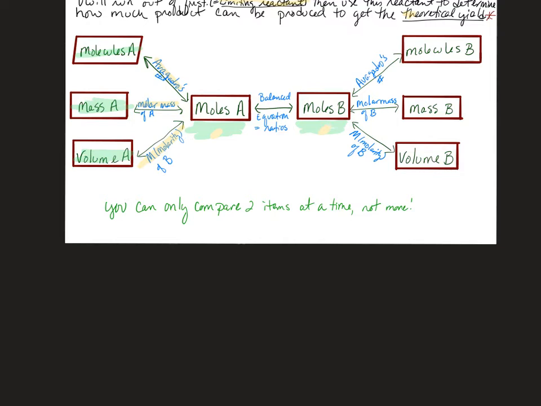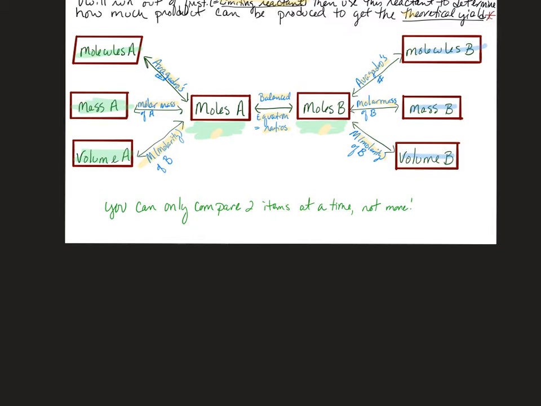We get this through the balanced equation ratio. And that's why balancing equations is so important. And the same thing happens when we get to moles of B. We can find the molecules of B, we can find the mass of B, or we can find the volume of B. And we do that by going through Avogadro's number, molar mass, or molarity once more.